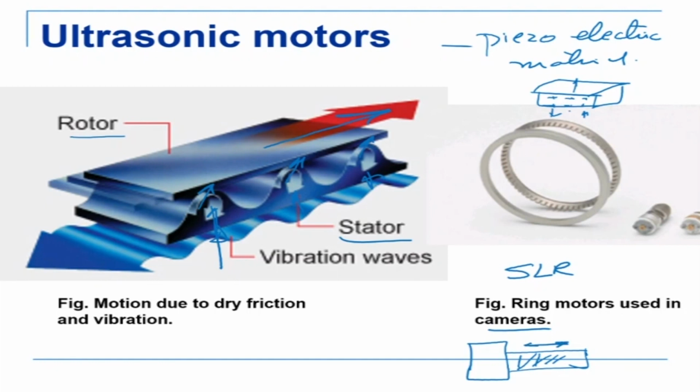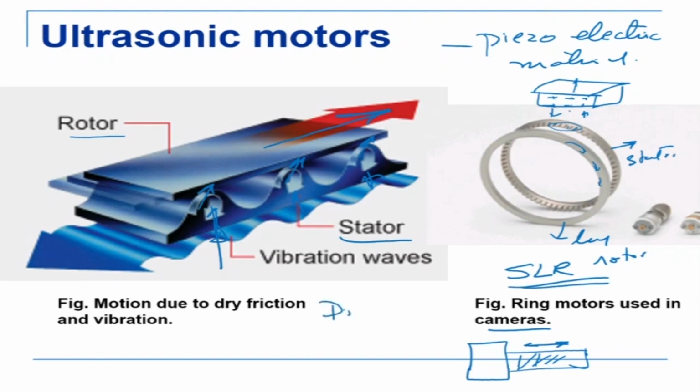What is actuating? There are these ultrasonic motors. On the body of the camera, one side is fixed, so this is my stator. On the lens side, the rotor is fixed. You can see that there are teeth there, and the actuation is exactly the way it is done here. One tooth is actuated at a time, and the rotor moves slowly in that direction. This is used in SLR cameras.